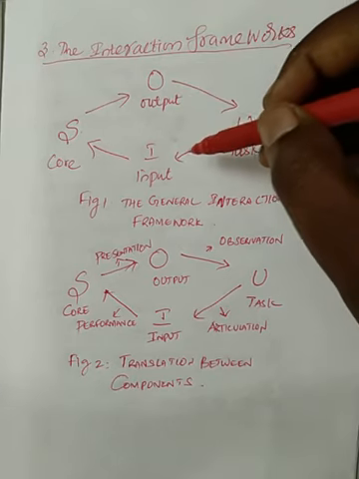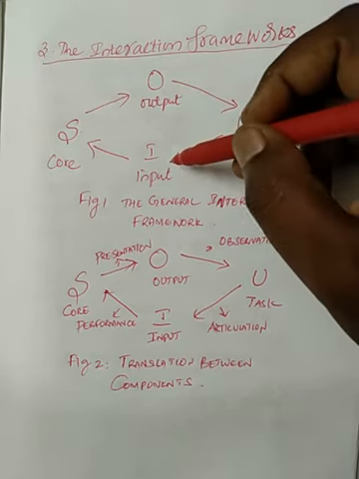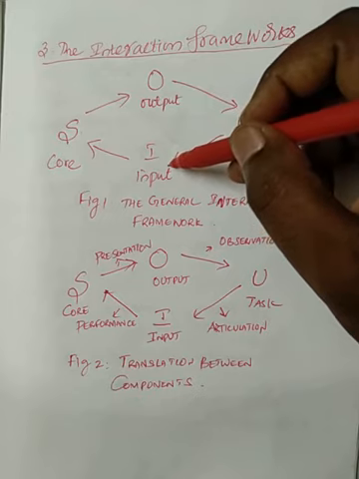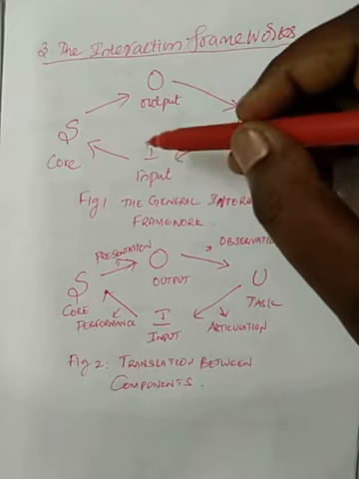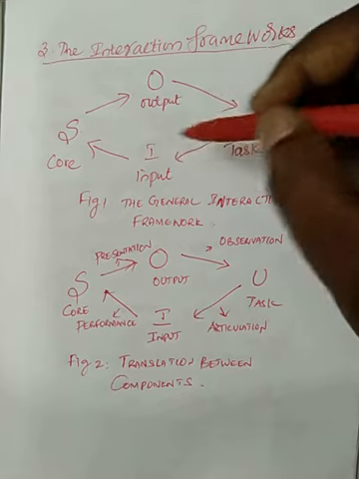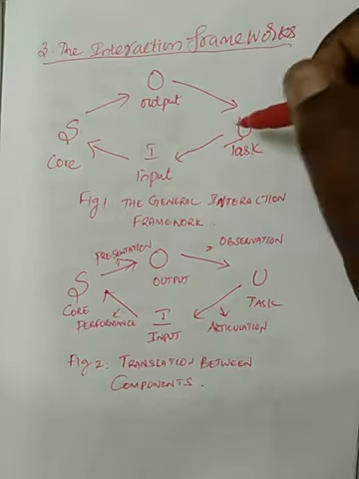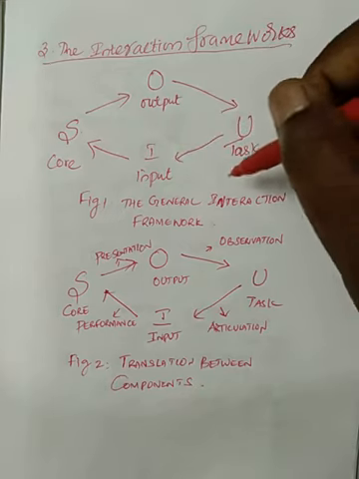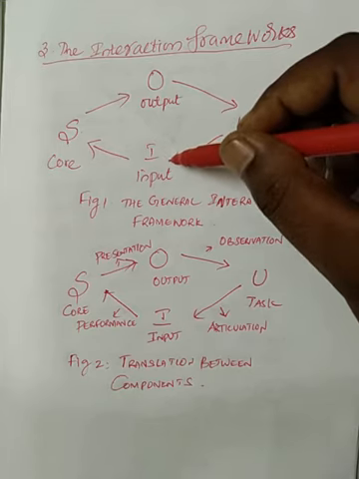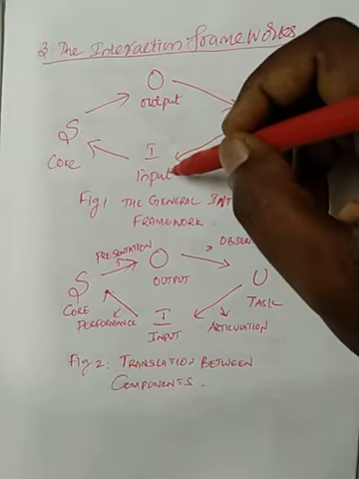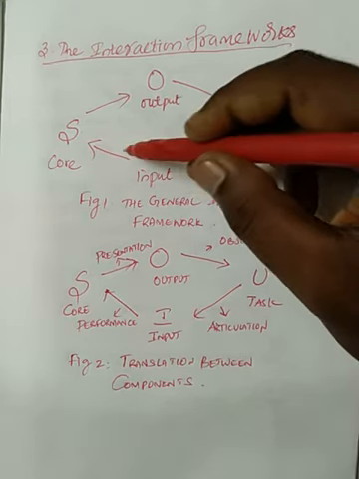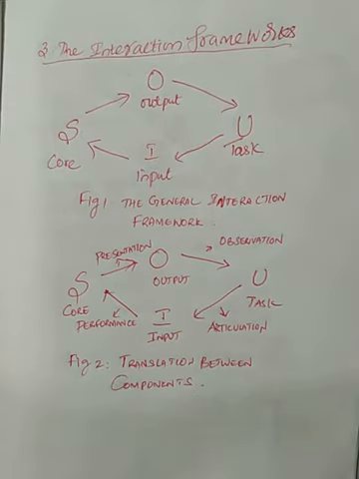Input language is actually a very simple language. Whatever the computer can understand and whatever the user can very well interact with through the input interface, we want to specify such a language between system and user.